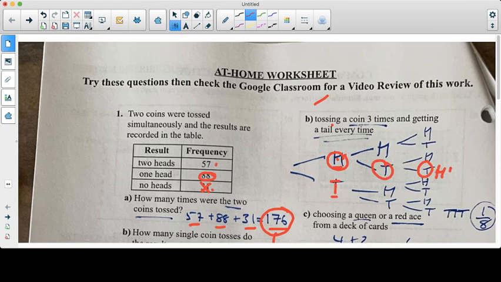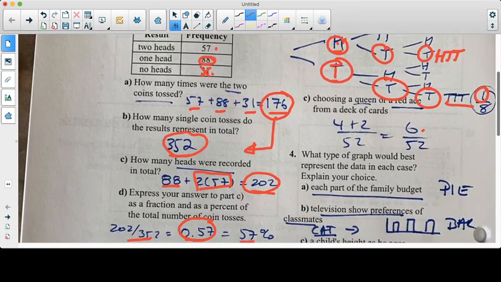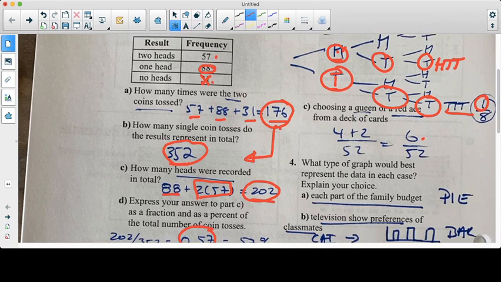If you needed to, you could write all this out and say this is 2 tails and a head, and answer the question from there. But it just asks what's the probability of getting a tail every time. The only time that happens is this branch here, TTT, and that's once out of 8. There are 8 terminal branches, and one of them is the one you're looking for. So it's 1/8.